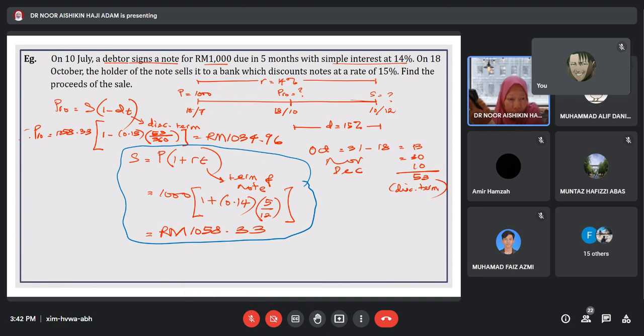So, okay. So, discount amount is RM23.37. Faham kelas? Faham tak? Yes or no?